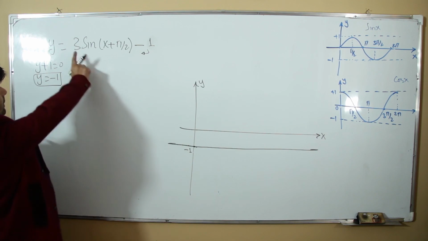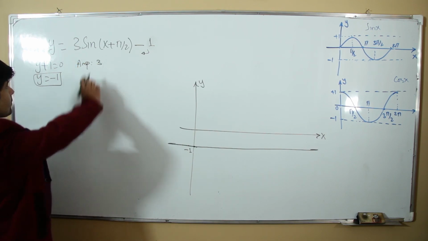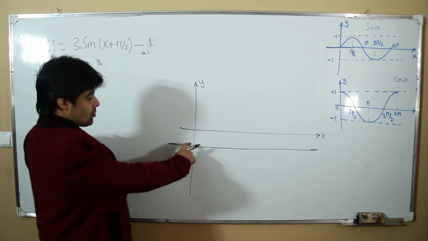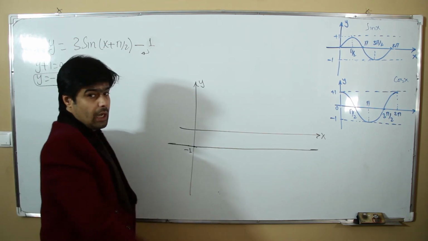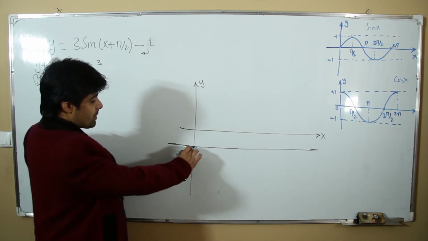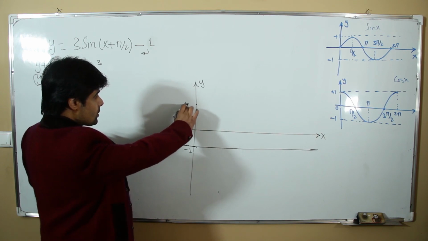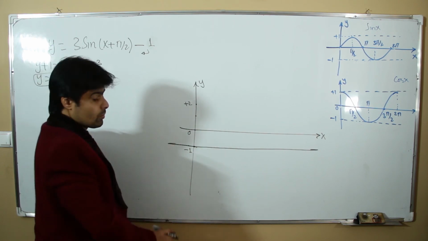Now, we have an amplitude of 3. Amplitude is 3. It means it should be drawn between positive 3 and negative 3 from the line minus 1. This is 1, this is 2, this is 3, which is positive 2. Here we have 0.